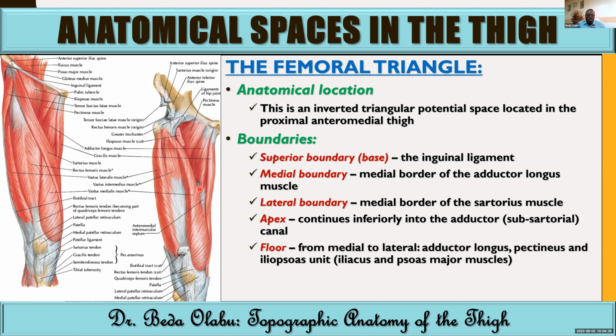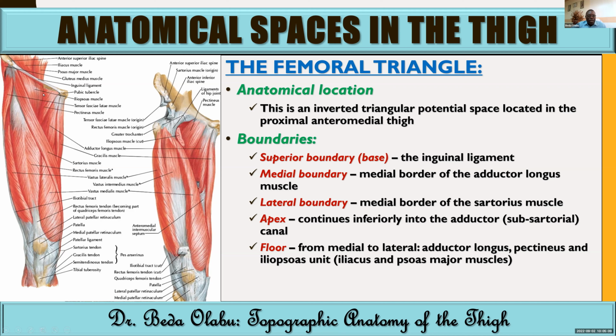The floor of the femoral triangle is formed by some muscles. We can name them from medial to lateral. So from medial, we have the adductor longus muscle. I've changed that so that we can see the pointer well. So this is the adductor longus muscle. Then from there we have the pectineus muscle.